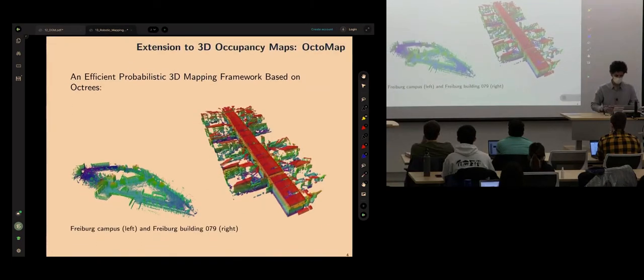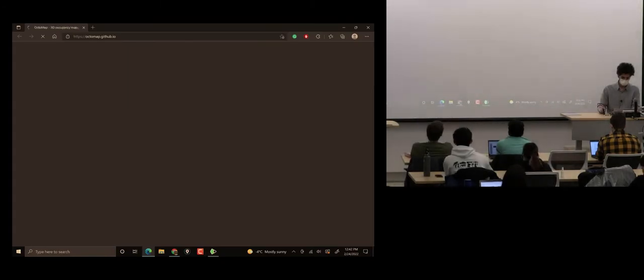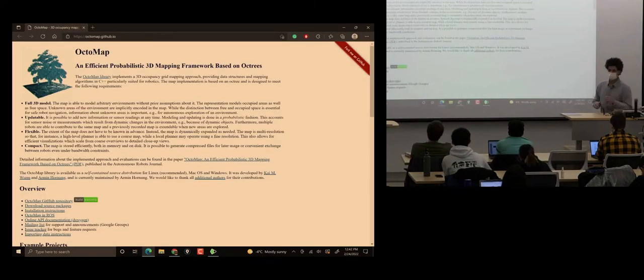Now this idea has been extended to 3D. Today, we do have a library that you can run on your robot and build a 3D occupancy grid map. The name of this library is OctoMap. OctoMap is a 3D version of this 2D map that we discussed.